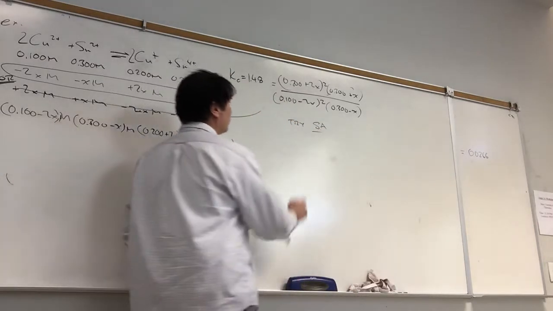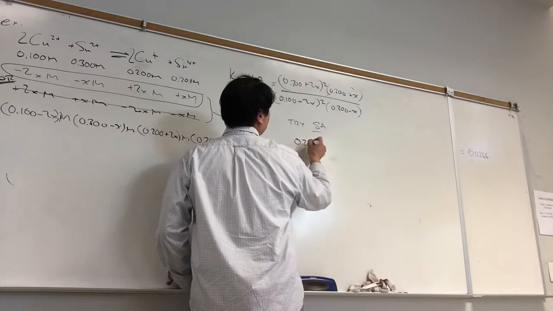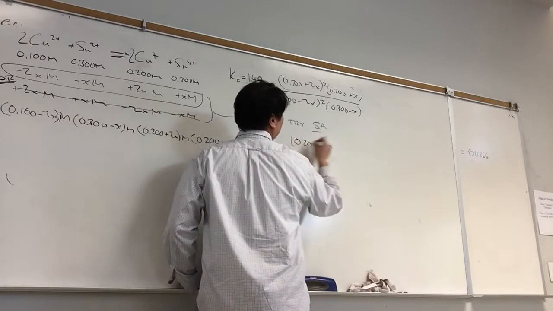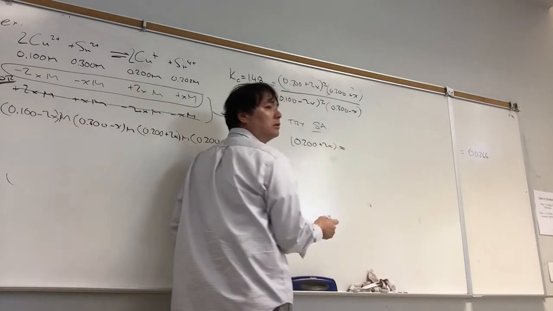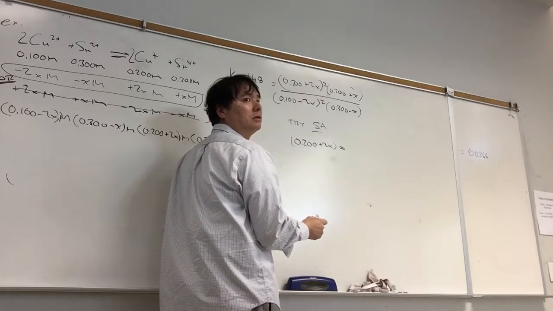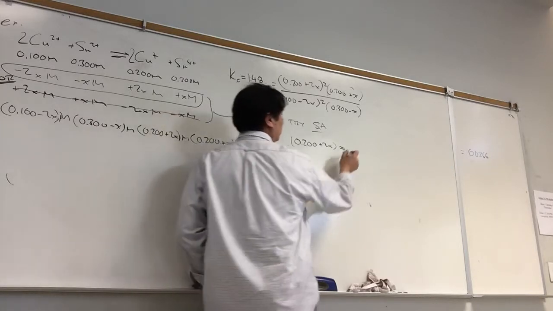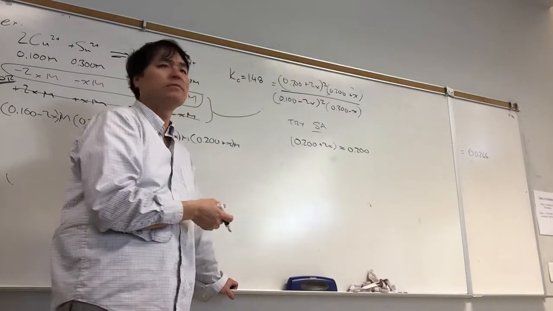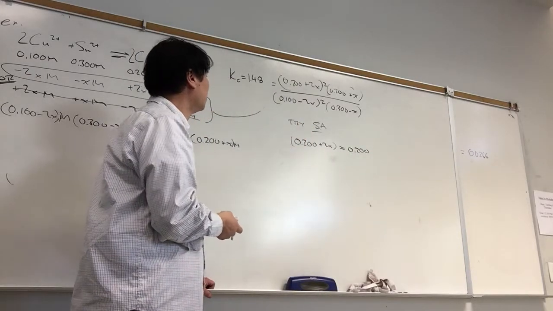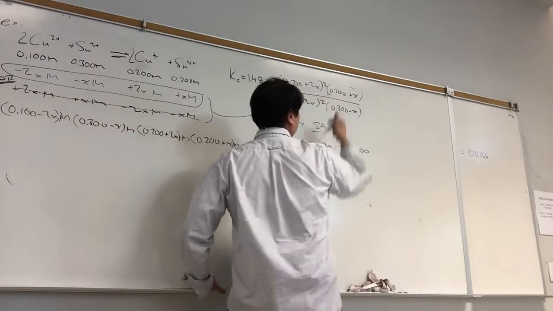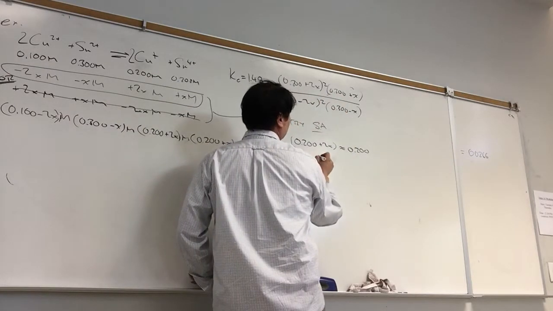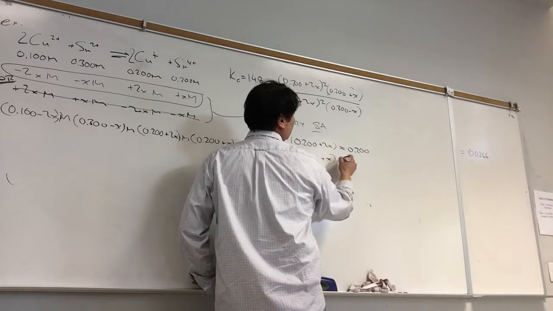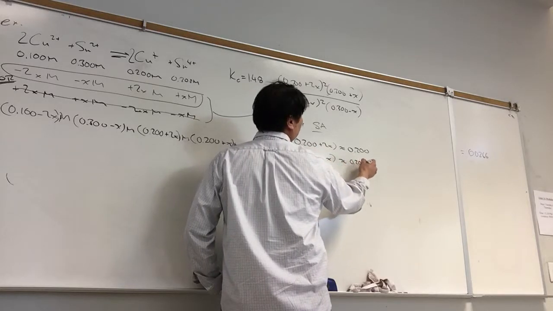In the simplifying assumption, we're just going to assume that 0.200 plus 2x is about equal to 0.200. We're just going to say, yeah, we're not going to gain much of this. I'm just looking at these terms here. And then the 0.200 plus x is going to be about 0.200.